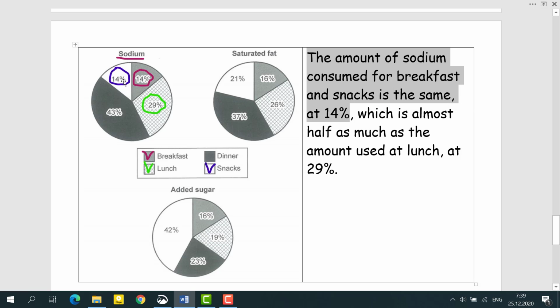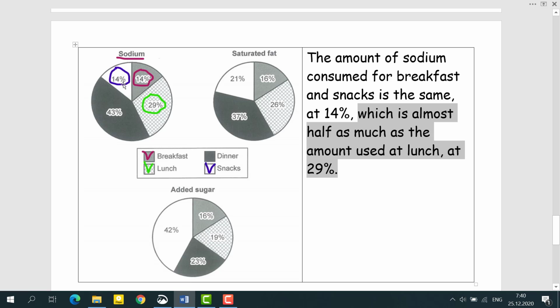I see the same figures here, therefore I need to pay close attention to this. So the amount of sodium consumed for breakfast and snacks is the same, and then I need to present the percentage at 14%, which is almost half as much as the amount used at lunch at 29%.